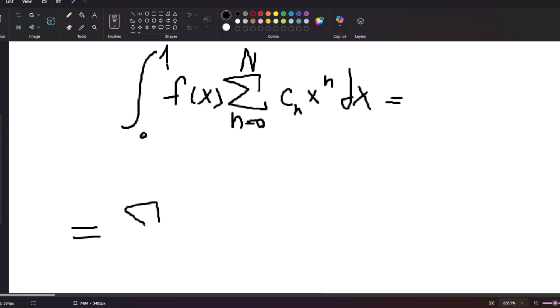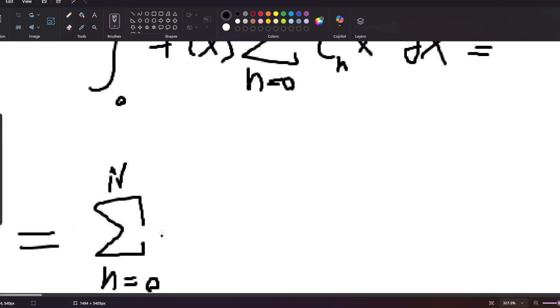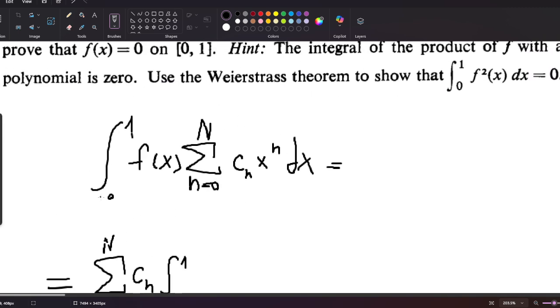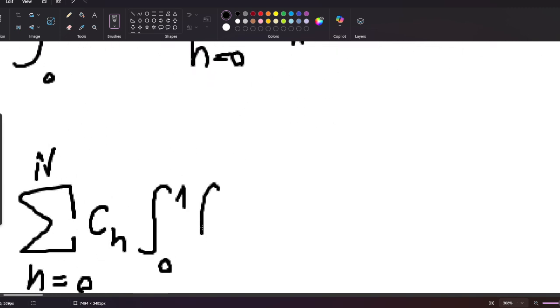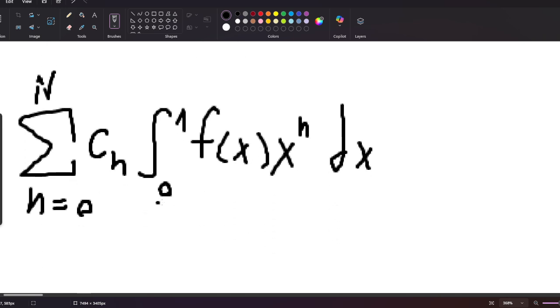So what we have is the sum from n equals 0 up to capital N of Cn times the integral from 0 to 1 of f of x times x to the power of n dx, which we know is equal to 0.